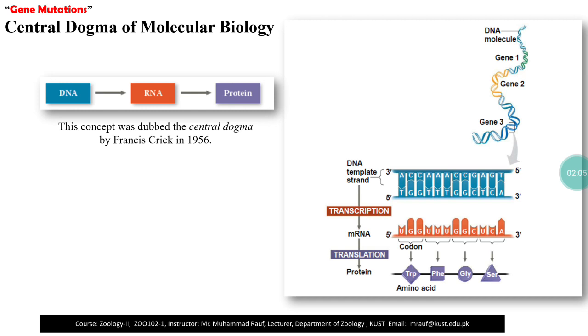Here is the central dogma of life. This was explained by Francis Crick in 1956. You know Francis Crick, he was the co-discoverer of the structure of DNA. The central dogma of life means that the transfer of genetic information in a biological system occurs through this pathway.